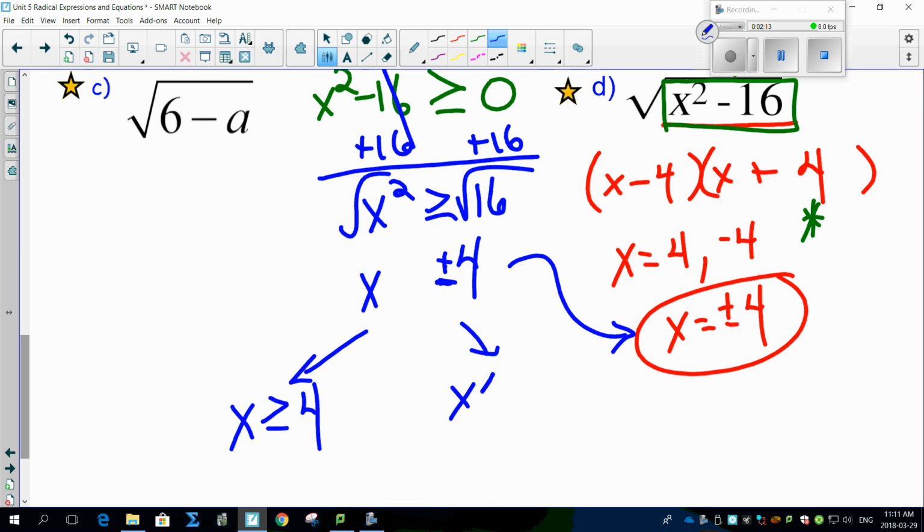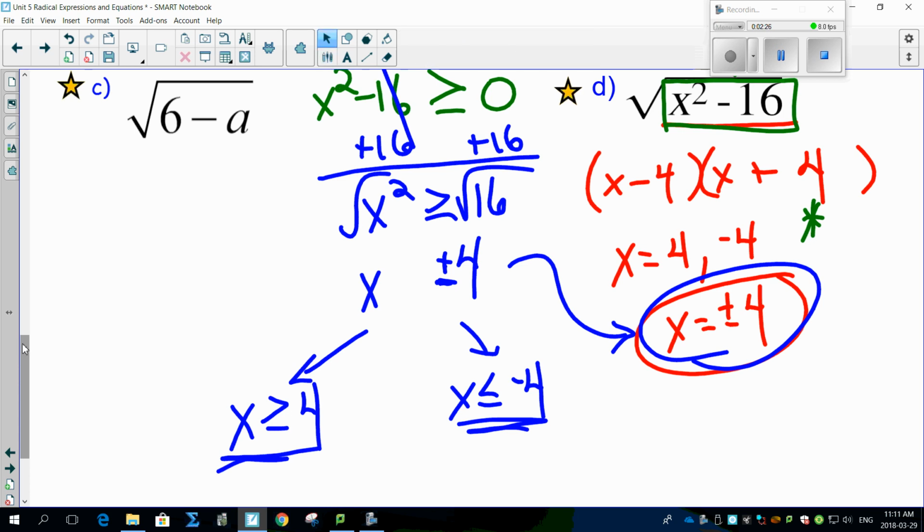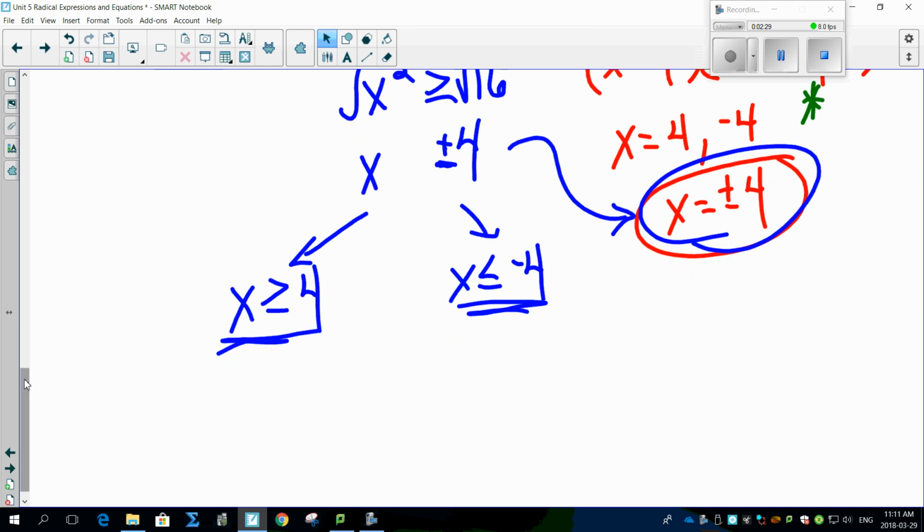You have to flip the inequality, okay? Because it becomes a negative. Doing it this way doesn't really show you that, but now that you've seen it, you can actually write this like this. That's kind of cool. So what does this mean? It means basically any value of x that is bigger than 4 will make this thing work.